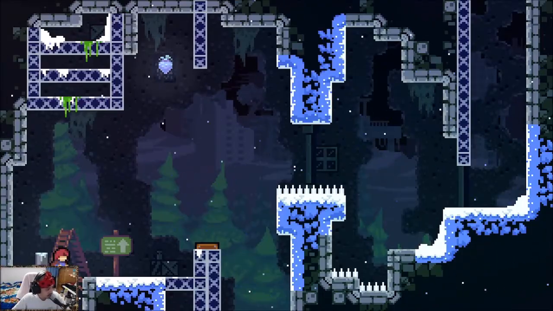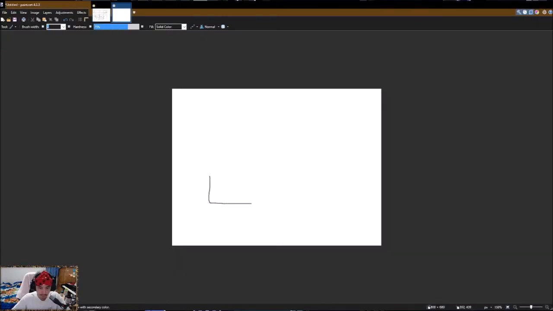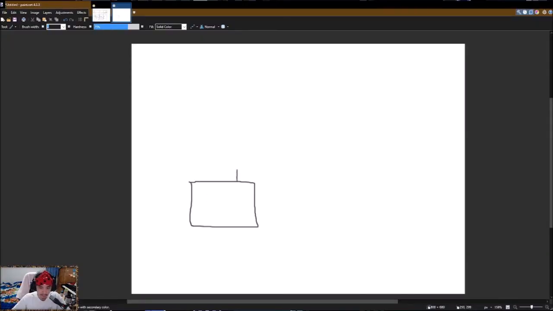So what happened there was, this is the first screen, and this is the second screen, both 320 by 180. I had this invisible line here.